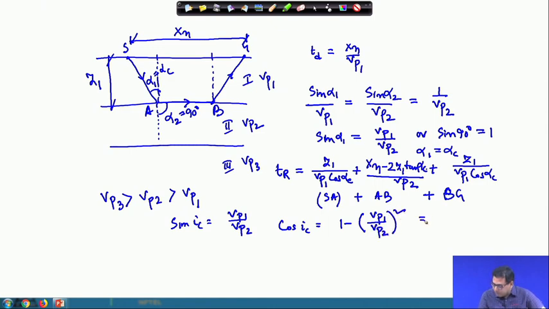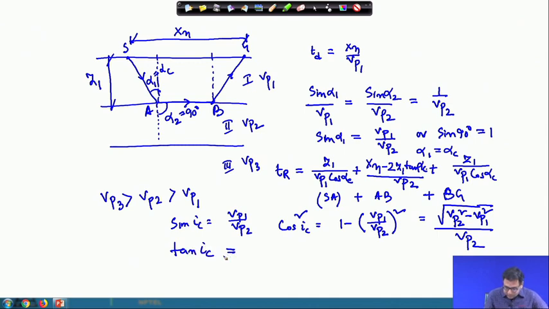So this will be equal to root over V_p2 square minus V_p1 square divided by V_p2. Similarly, I can write tan α_c will be equal to V_p1 divided by root over V_p2 square minus V_p1 square.